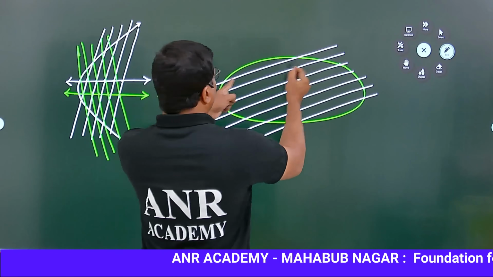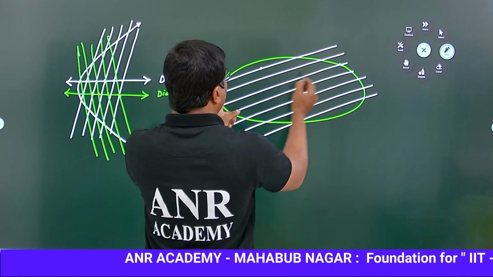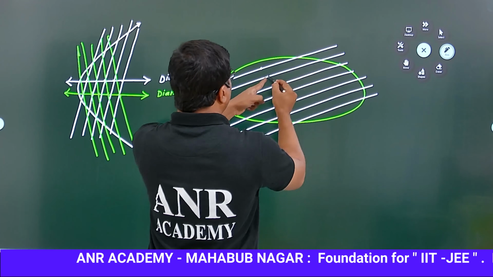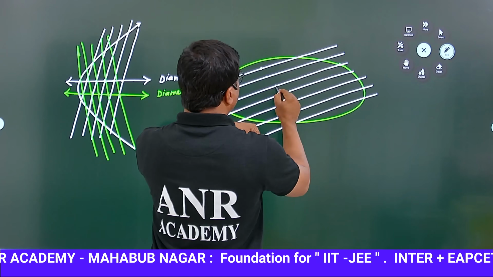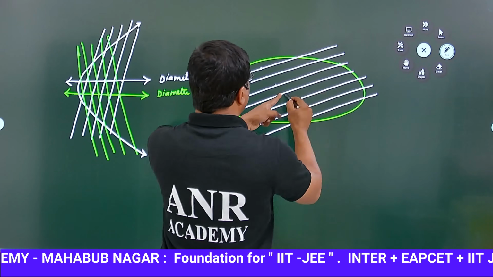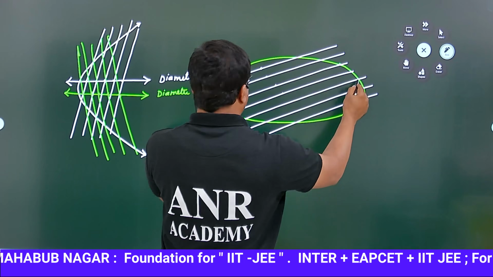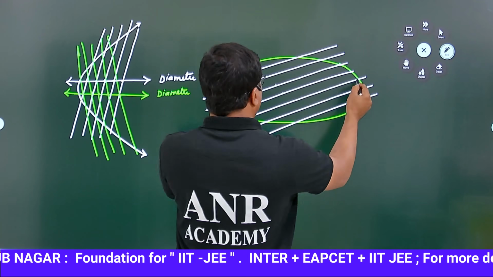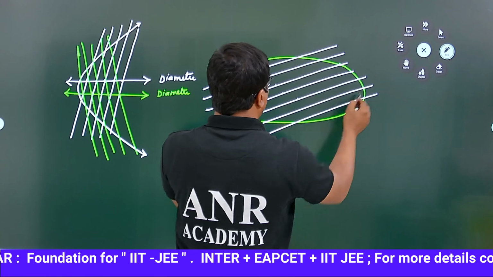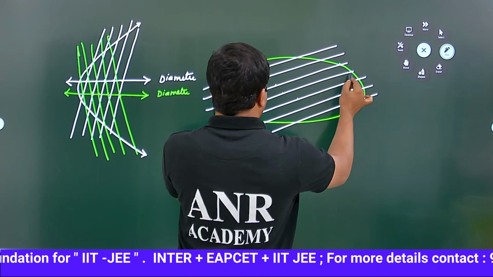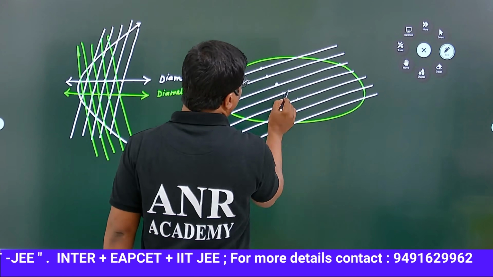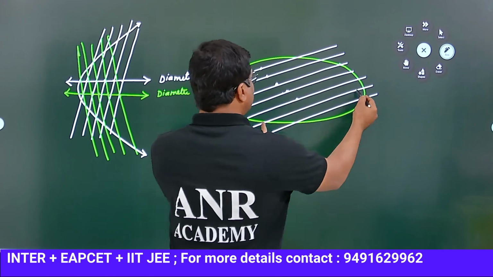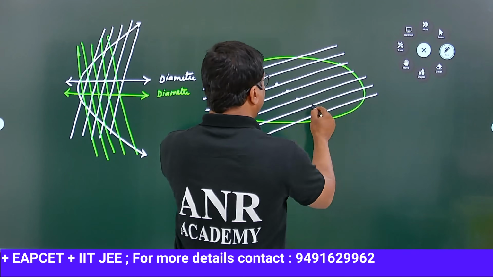Here for this one we get this middle point, and for the next line this is the middle point, and for the third line there is a middle point, and next here, and then this is the middle point. Here this one is the middle point. Next middle point we get here.